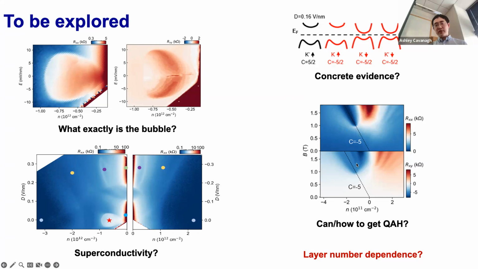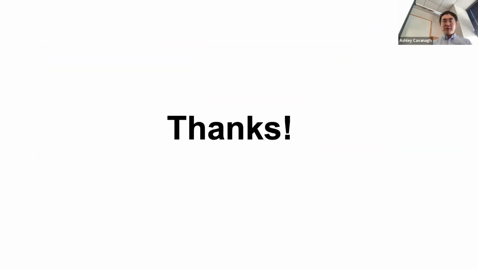And how do all these phenomena depend on the layer number, right? I've been focusing on n equals 5, but what if you change a little bit to 6, to 4, 7? We don't know yet. Okay, so with this, I'd like to wrap up my talk and thank you for your attention.